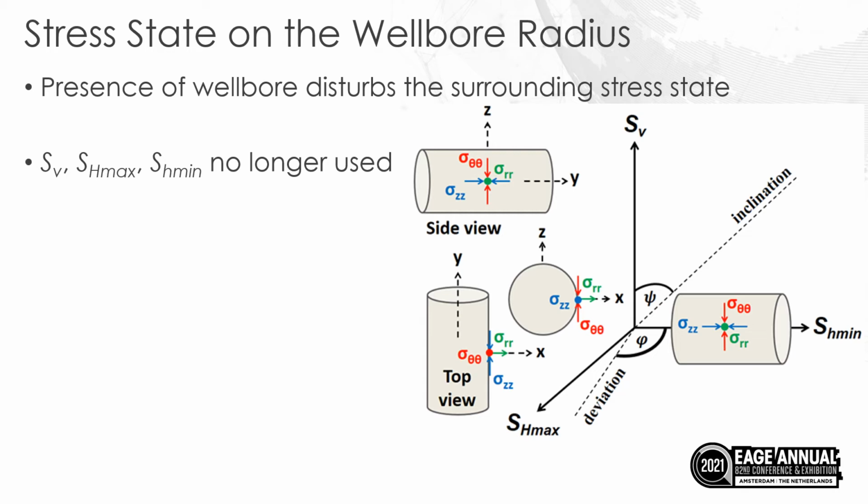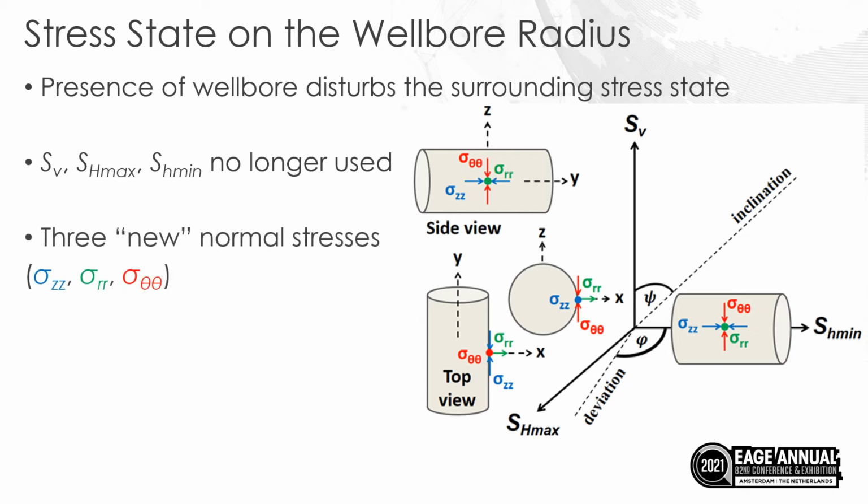The pre-existing stresses, what we call the in situ principal stresses, the vertical SV and the horizontal SH max and SH min, SH max always bigger than or equal to SH min, are no longer dominant in this near wellbore vicinity. Instead, we have a set of three new stresses which act in cylindrical coordinates and dominate this near wellbore vicinity. Those are the blue axial stress, sigma ZZ, the red tangential stress, sigma theta theta, also known as hoop stress, and the green radial stress, all acting in cylindrical coordinates, as we see here in this schematic.